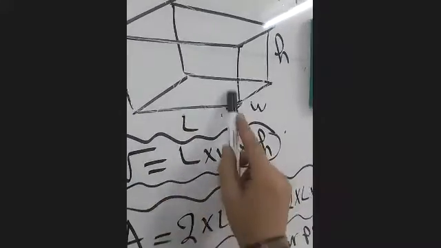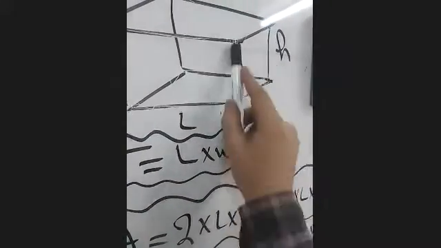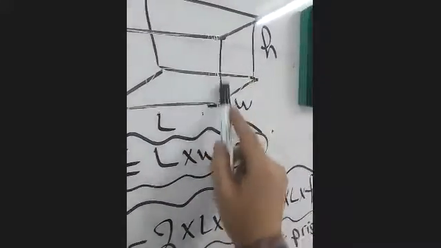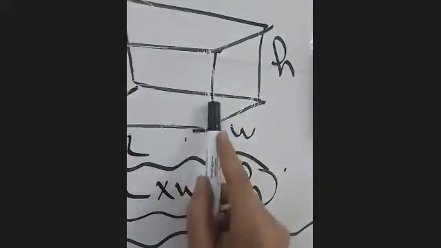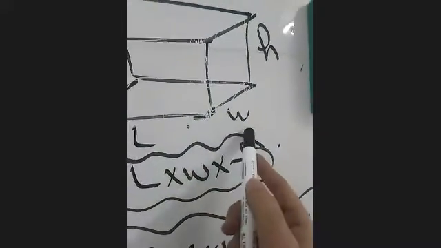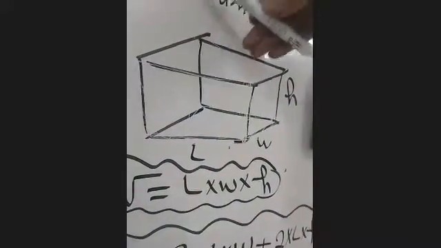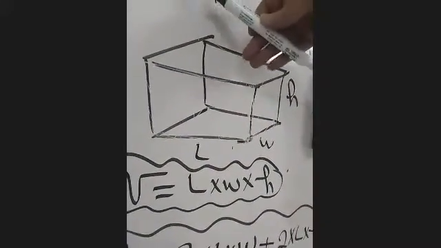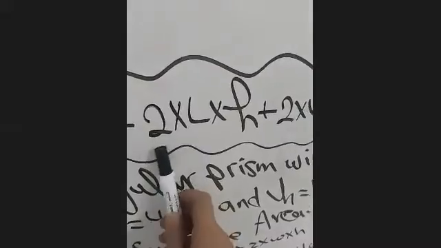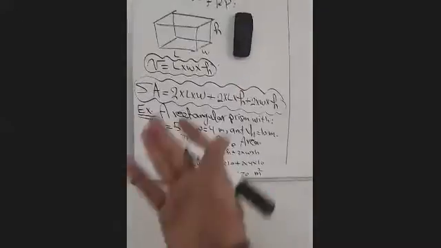Length L and width how much? How much is this side? Height, not the width down. Got it? So length by height. But we have 2 faces, this one and the one which is behind. So I multiply by 2. So you need to memorize the formula.